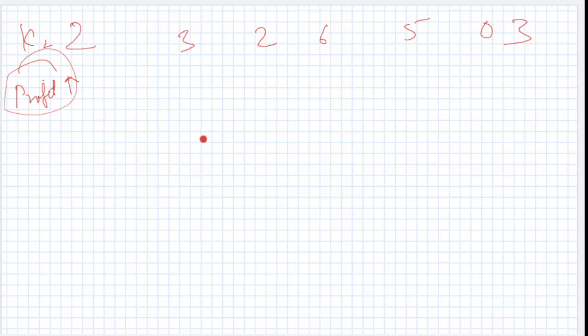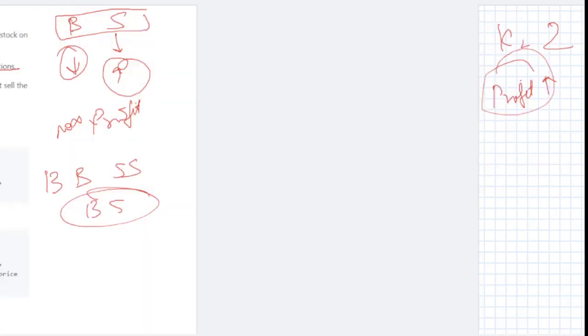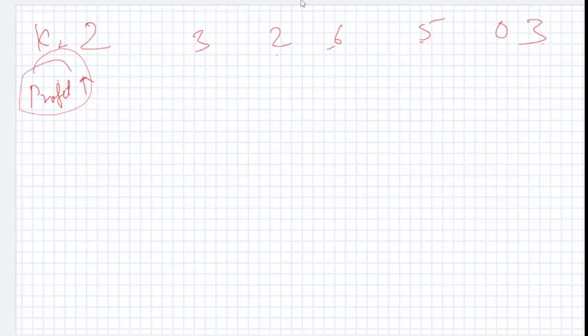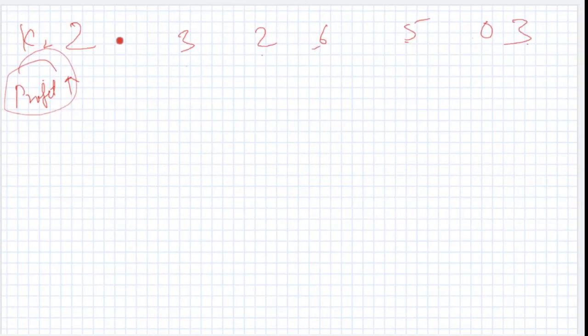We have a price window. Using this price window, we are taking a transaction. Let me do this. So 0, 1, 2, 3, 4, 5. We have these 5.